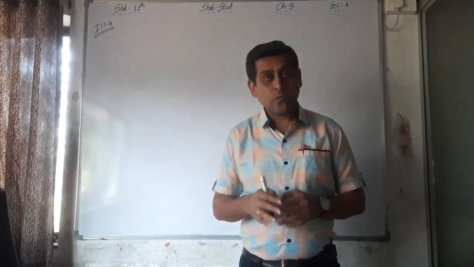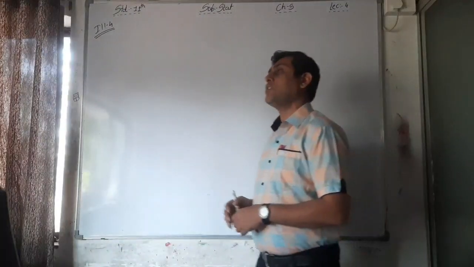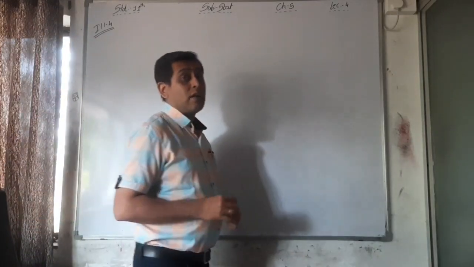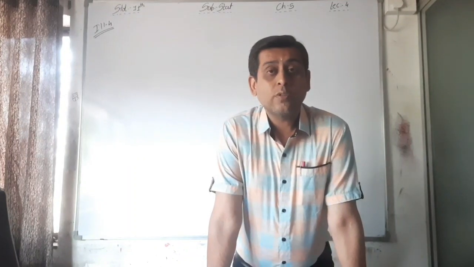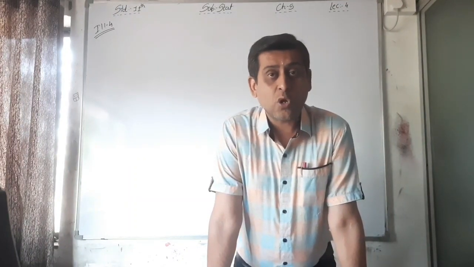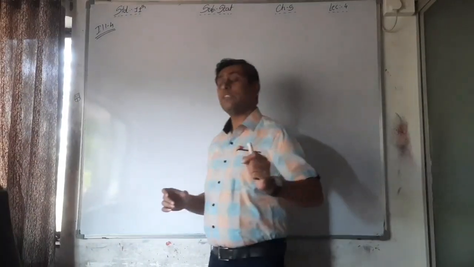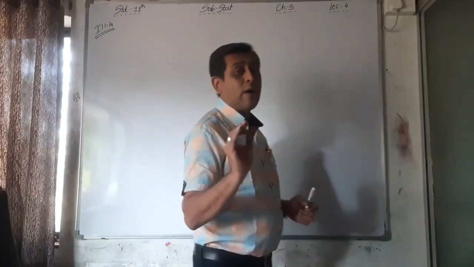Then 4 to 6, again the difference is 2. Then 7 to 9, again 2. But 10 to 13, the difference is now 4. So the class length is not equal, and on the basis of this situation we can say that the mode is ill-defined.